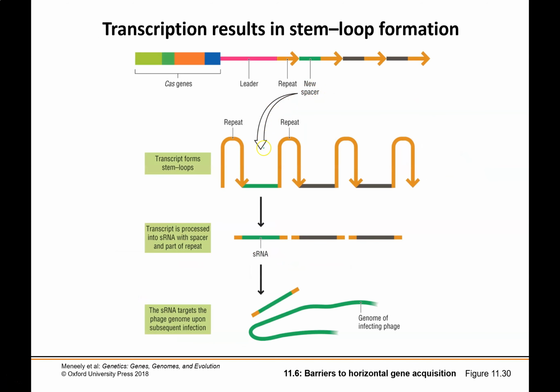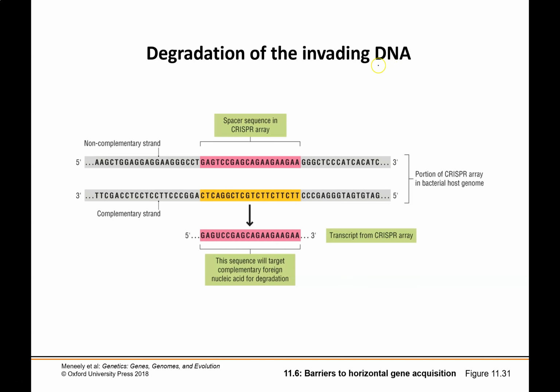So once that spacer is inserted into this palindromic repeat section, it's now part of the genome. So this new short RNA sequence can recognize this infecting phage DNA and act as that guide for that Cas9 enzyme, which can bind here and cleave our phage DNA. So that foreign DNA has entered the cell.